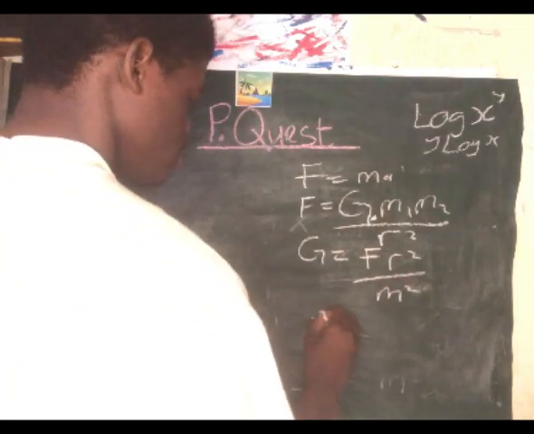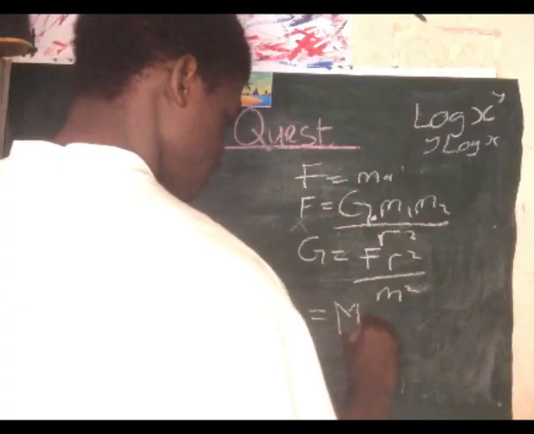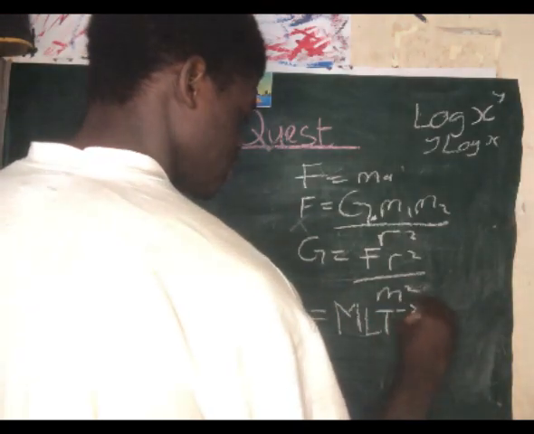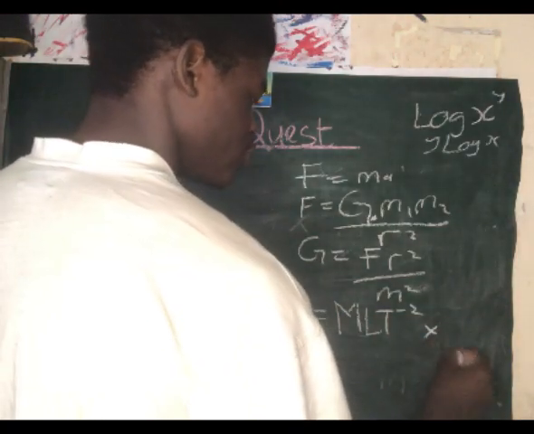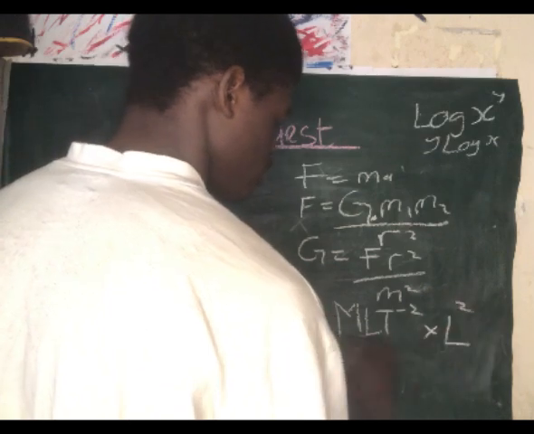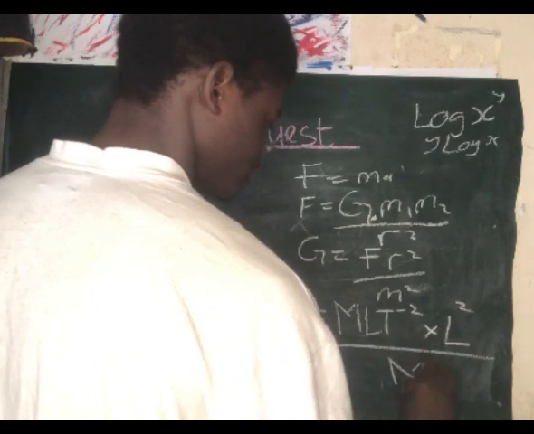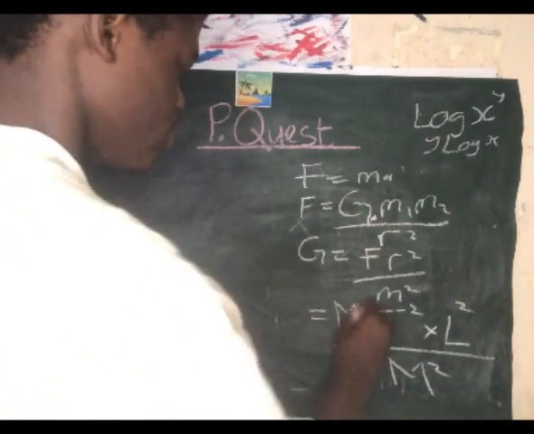The dimension for force is MLT minus 2. That's mass times acceleration. Times radius squared, radius is length, so that's L squared over m squared. Mass, so this will take this out.